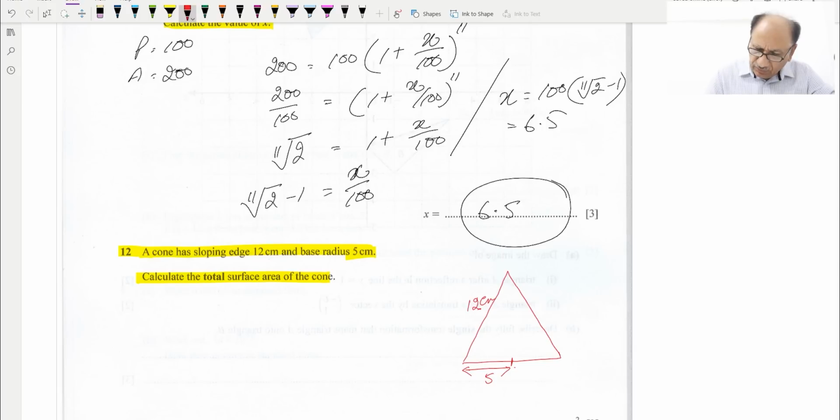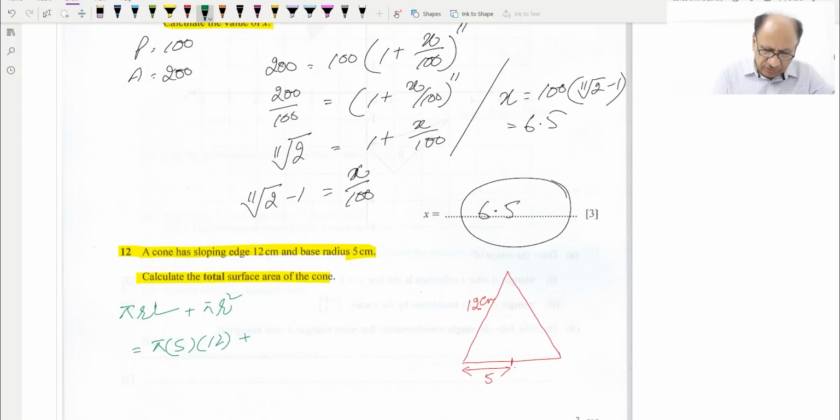centimeter. For the cone we have a formula, for example, surface area will be one curved surface area, which is pi rl, and then base area, which will be pi r square. So these will be the two areas which we need to add, and we will get the answer. So pi into r is 5, into l, which is 12.